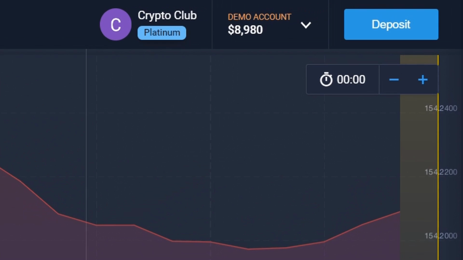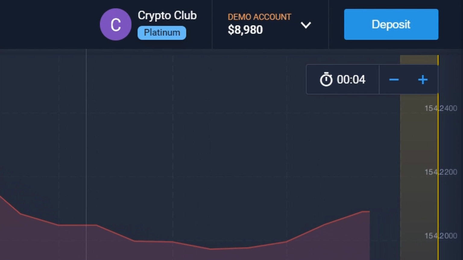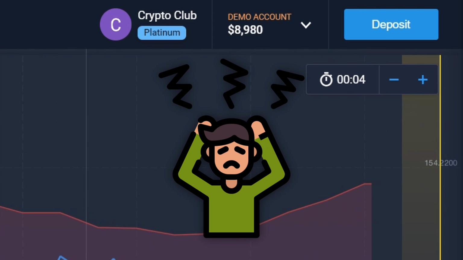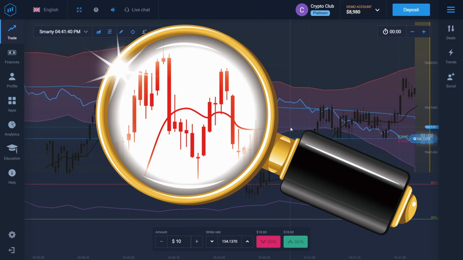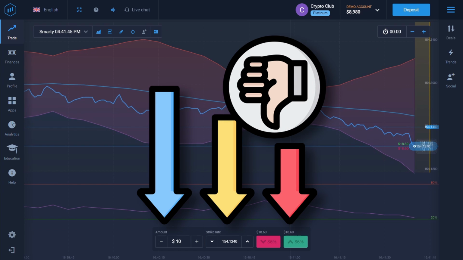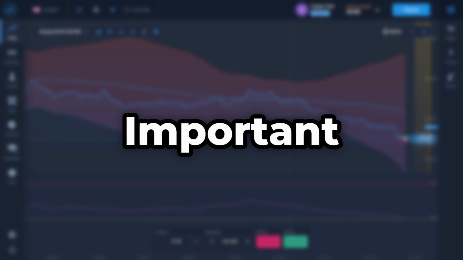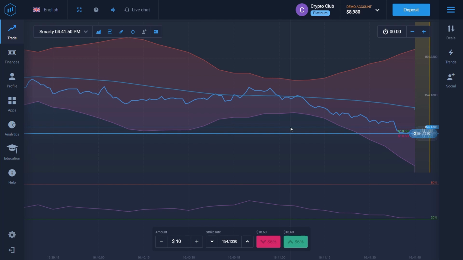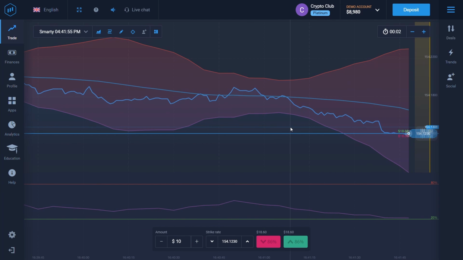Compared to the demo account, while trading on the real account, most people tend to panic and place trades at the wrong places in the market. Because the trade is not placed at the right point of the market, those trades end up being lost. It's always important to properly analyze the market and place a trade at the perfect moment, whether you're trading on the demo account or the real account.